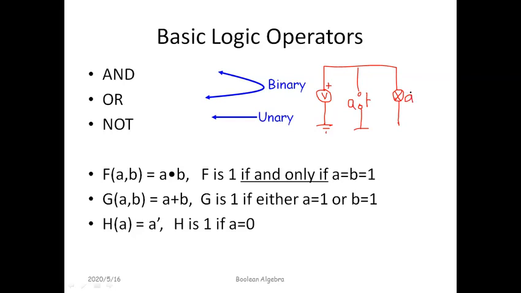A bar. Okay, so let me also make one thing clear here. In these slides, you will notice that an inversion is being indicated by a prime. So in most literature, and had we been using the whiteboard, we were going to use this notation, a bar with a line on top.